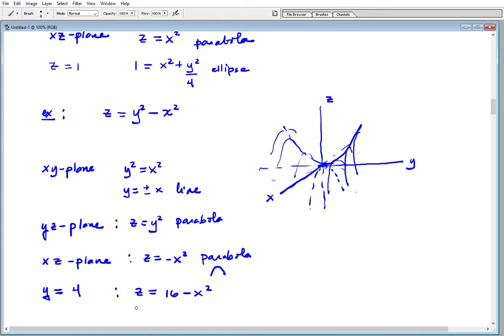Or let's write z equals minus x squared plus 16. That's a parabola facing down, lifted up 16. So here's a parabola for y equals 4. Let's say this is 4 right here. This parabola should be up at 16. It doesn't look like 16, but that's what it is. A parabola facing down, up at height 16.